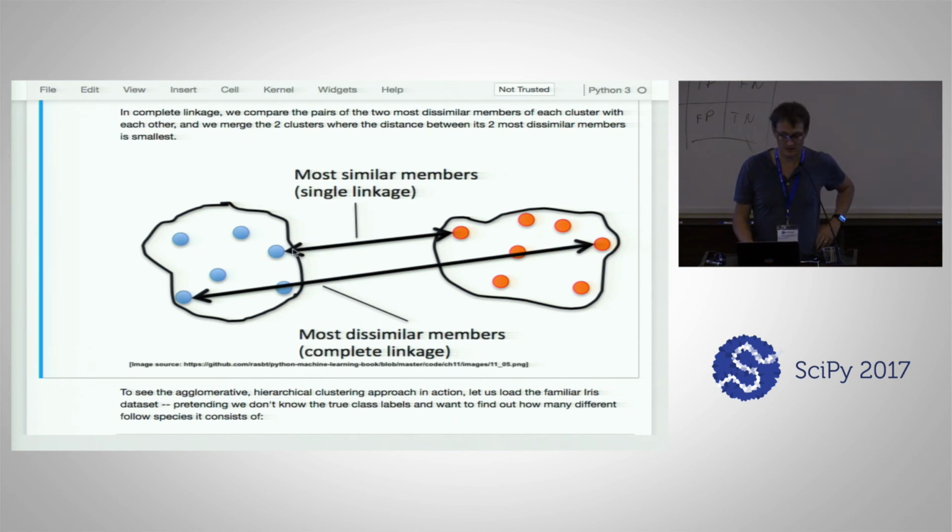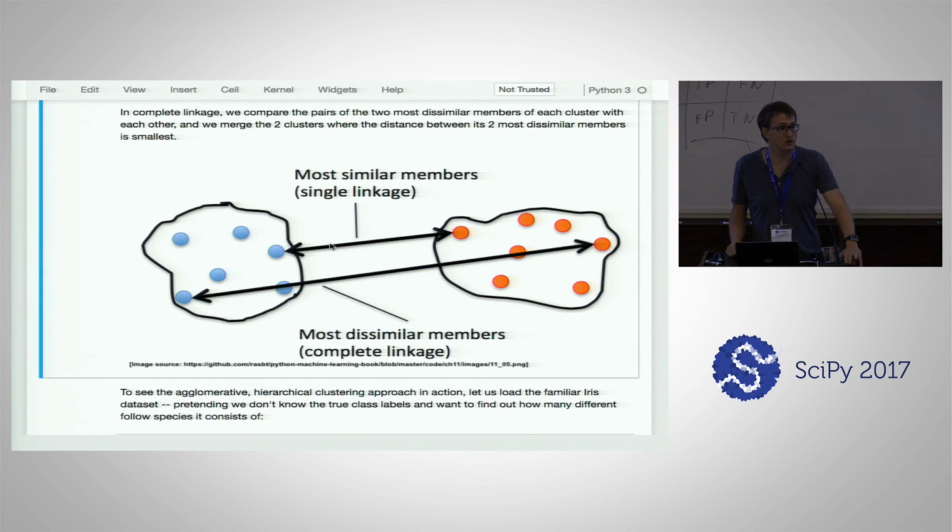So this is illustrated here. I've got 2 clusters. I evaluate the minimum distance between every pair of points, and the clusters that have this minimum distance get merged. And you continue like this. So this is what people call single linkage. You can also do complete linkage, which is somehow the opposite.